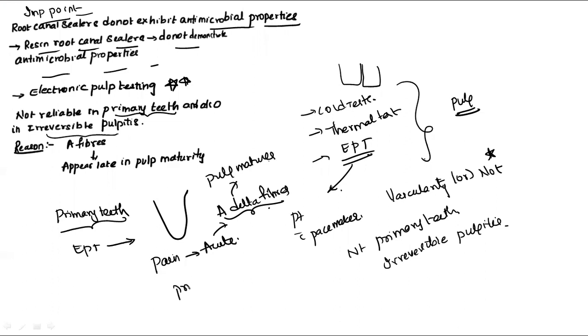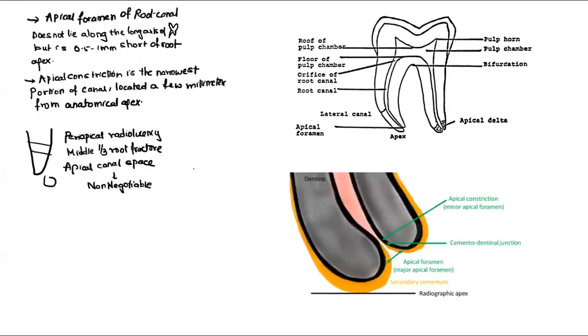So in a primary tooth, the pulp is not mature, and therefore you cannot see these fibers. It doesn't mean that there's no infection. So there is no reliability in this test. It only says whether this pulp is present and vascular or not.